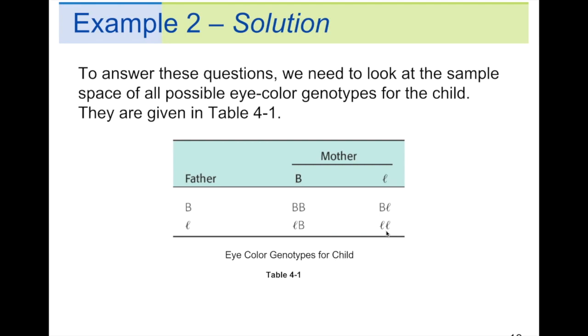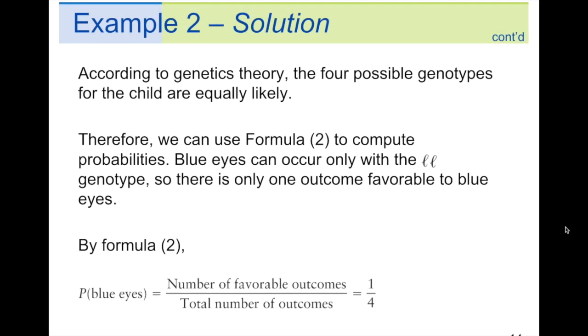And the one we're looking for is the event that we get blue eyes, which is 2 blues. According to genetics theory, the 4 possible genotypes for the child are equally likely. Therefore, we can use the formula to compute probabilities. Blue eyes can occur only with the blue-blue genotype, so there is only one outcome favorable to blue eyes.